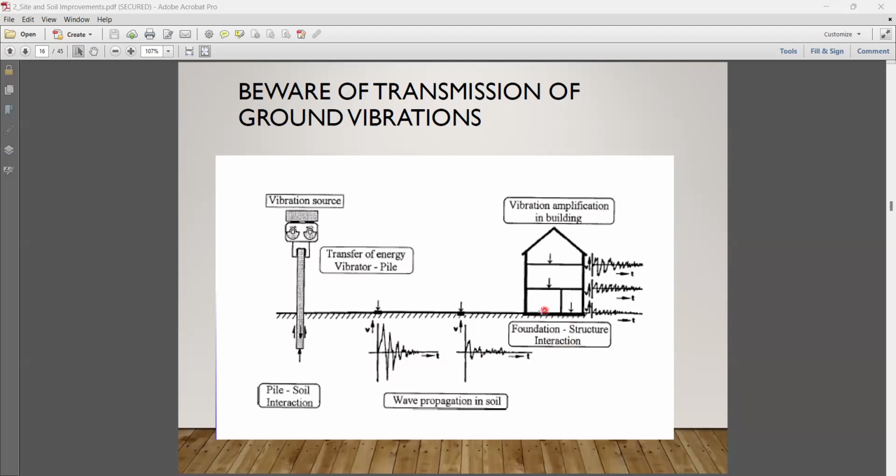Imagine if there's a house nearby, that will also vibrate. This vibration can cause structural damage to the building, so the building might collapse. So we have to look at the vibrations before we do the vibrocompaction method.